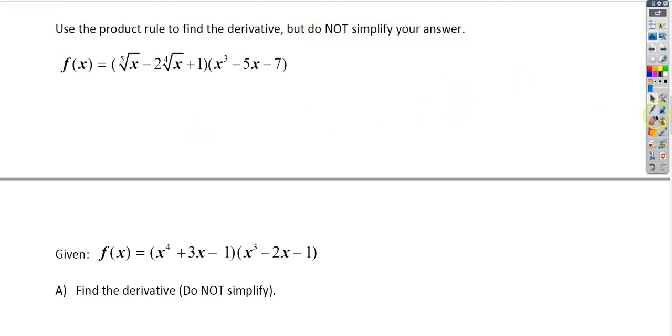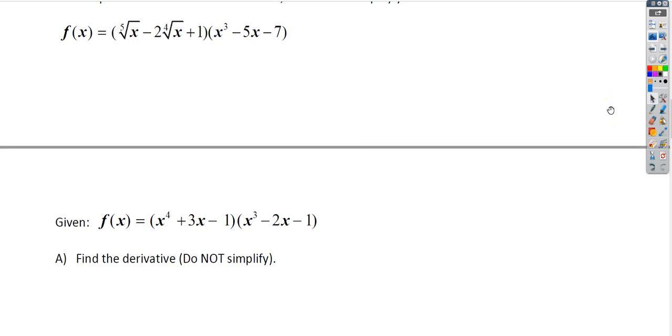Okay, so the first thing that you want to do is rewrite your functions. So x to the 1/5 minus 2x to the 1/4 plus 1, and this one's okay.